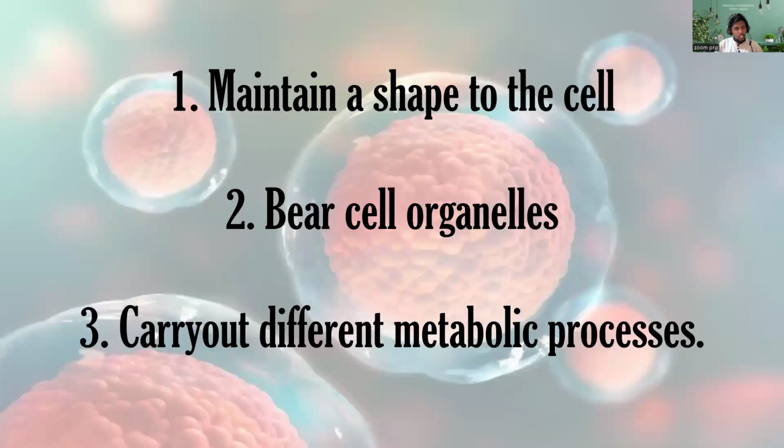They hold the cell organelles and also carry different metabolic processes. Within the cell, there are many chemical reactions. Cellular respiration is there, protein synthesis is there. All these chemical reactions happen inside the cytoplasm, right?